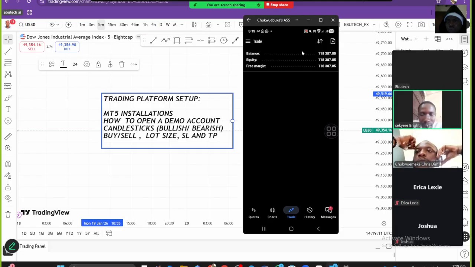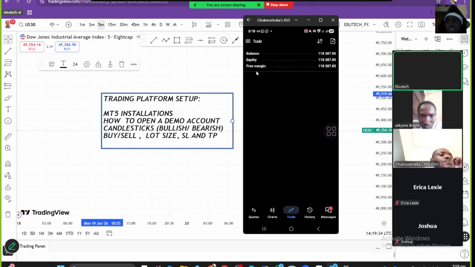This is the most important thing. When the trading is ongoing, if you are losing money, it will be showing on your equity the amount you are losing. If you are winning, it will be showing on your equity the amount you are winning. I don't know if you understand.